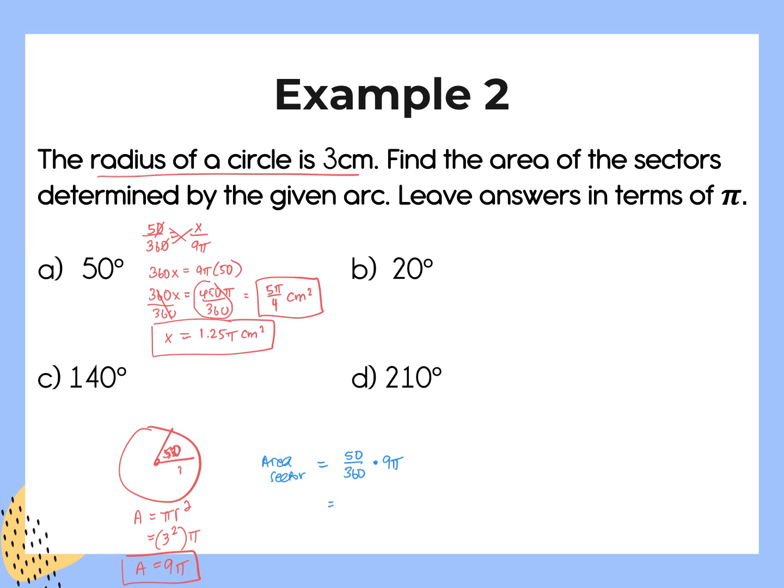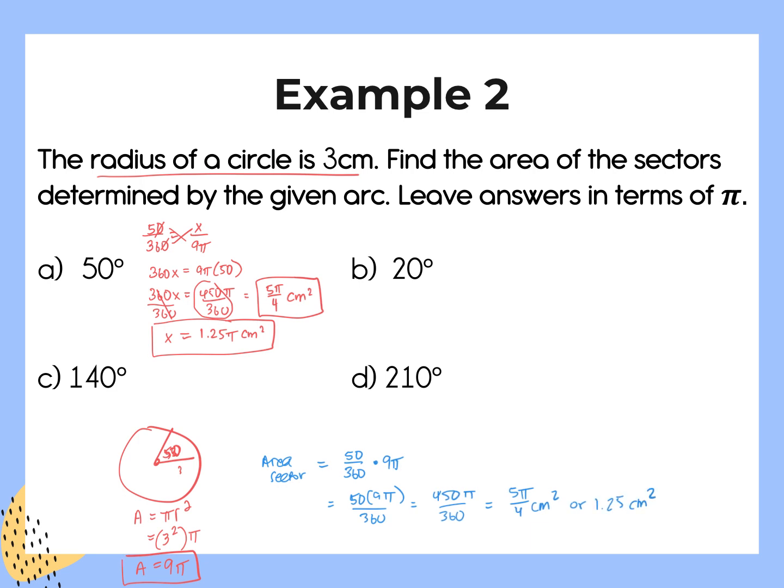So it's 50 times 9 pi all over 360, which gives me the same 450 pi over 360, which is the same 5 pi over 4 centimeters squared, or 1.25 centimeters squared.